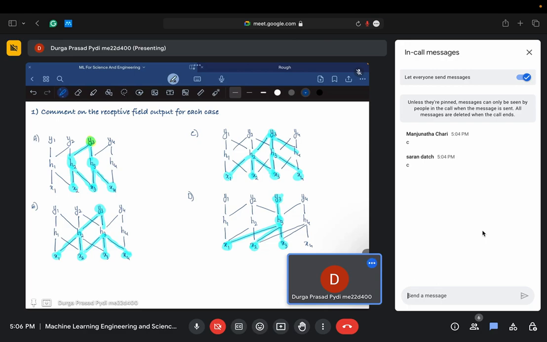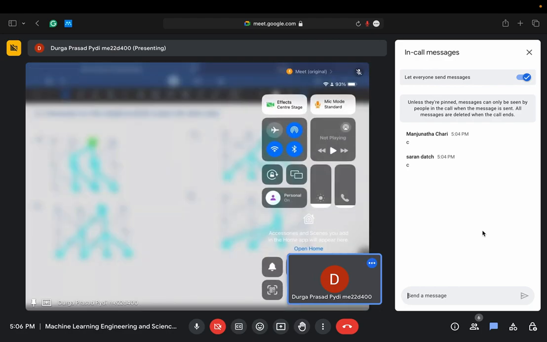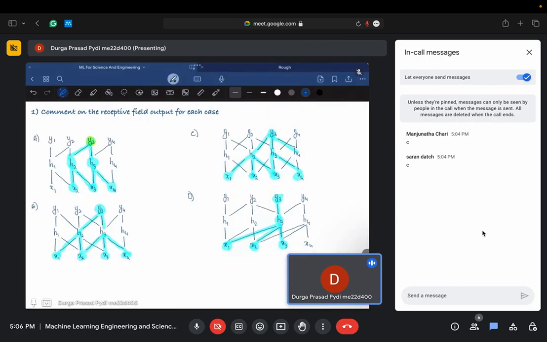So which one of these two networks do you think will be more suitable for a given application? We cannot comment directly on the suitability, but if you see the number of weights, C has more weights compared to B. In B you have 6 plus 4, 10 plus 14, and 15, 16, 17 I guess. So there are 17 interconnections here, and how many connections do you have here? 20 connections here.